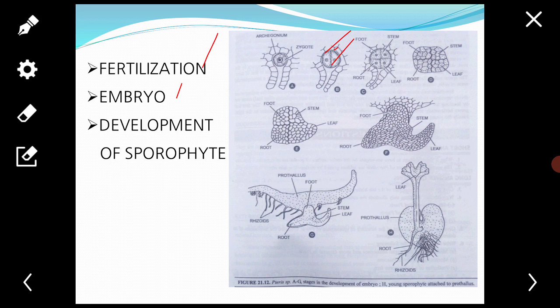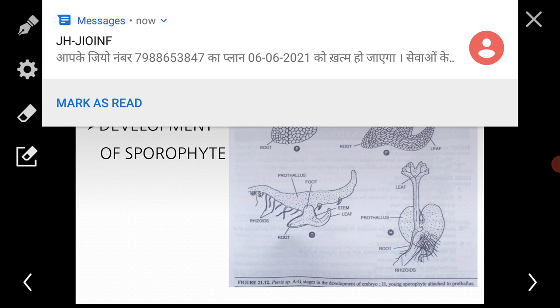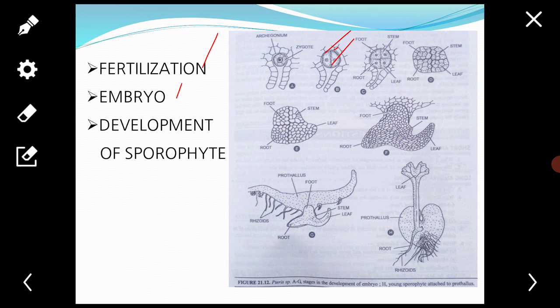The apical cell of the foot is not formed. The cells of the foot quadrant divide repeatedly to form a hemispherical mass of cells which attaches the young sporophyte to the prothallus and absorbs nourishment.